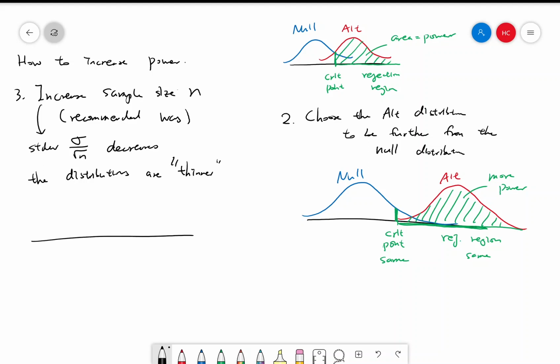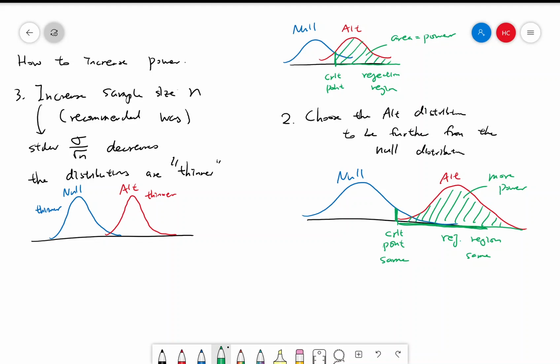So let me draw that. The null distribution and alternate distribution still have the same mean, but they have smaller standard deviation, so it looks like that. So a thinner null distribution and a thinner alternate distribution.